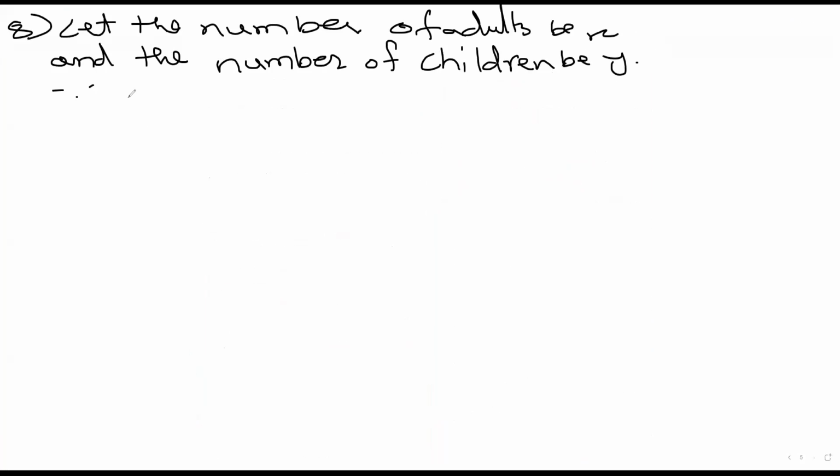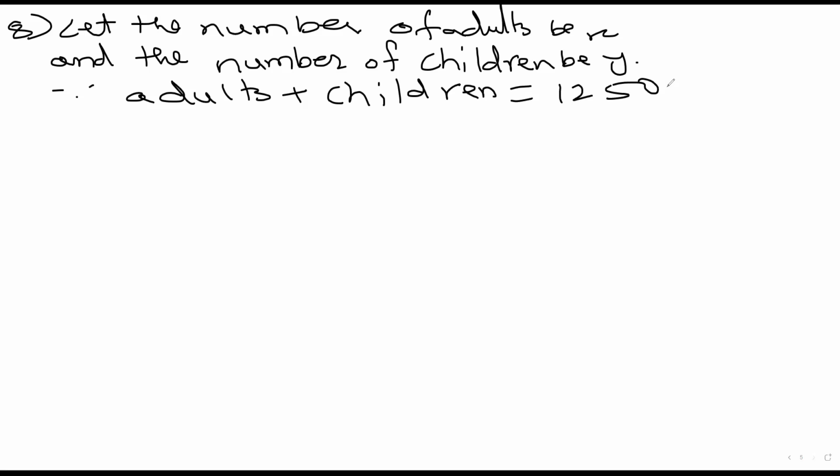Correct. Since adults plus children, okay, we are not talking about money, since the total people is equal to 1,250. So we get x plus y is equal to 1250. This is equation 1.